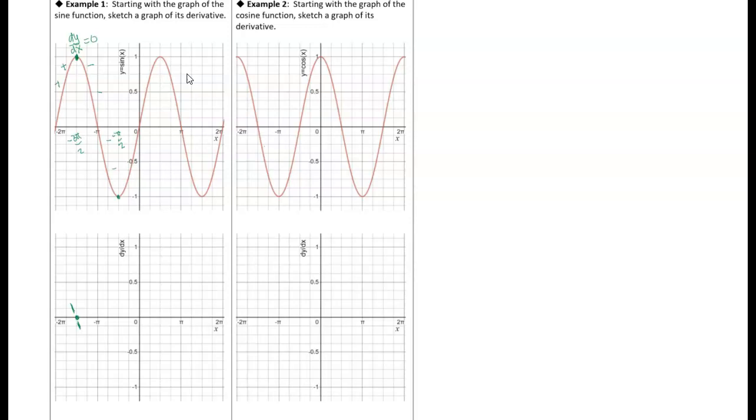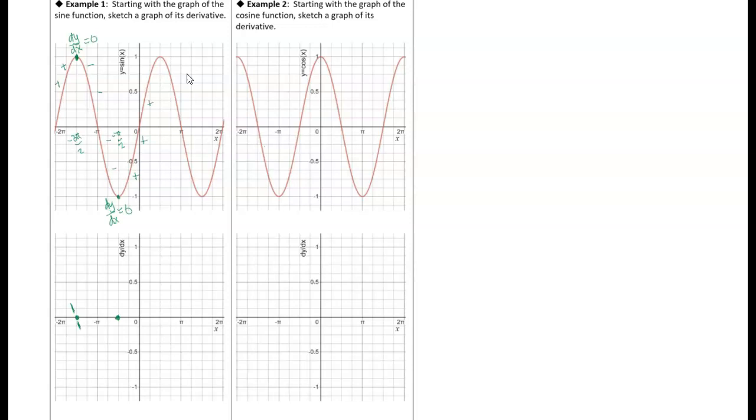Okay. Now let's look at another point here. Right here as well, the derivative is equal to 0. So again, at negative pi over 2, we're going to cross the x-axis. At this point, we're going from decreasing to increasing. So over here, our slope is positive.